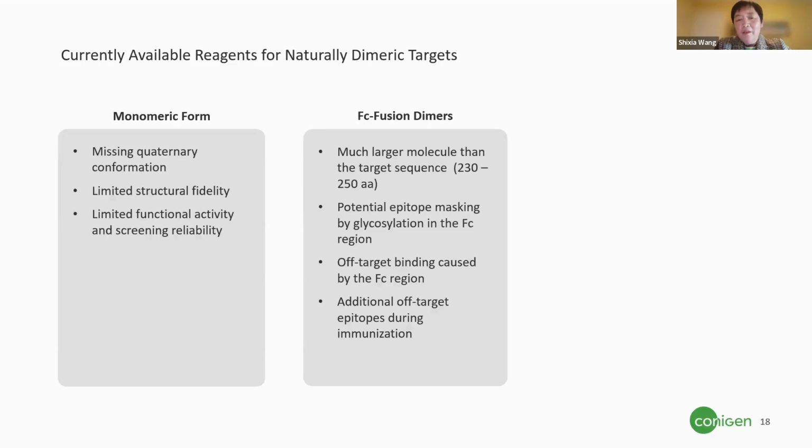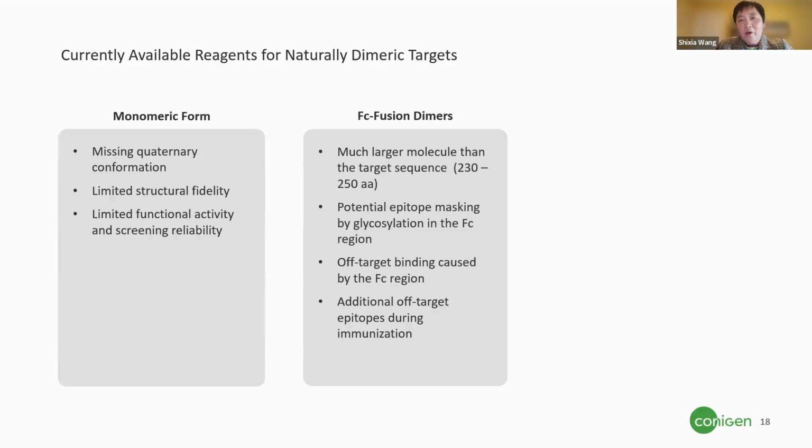Also, Fc has glycosylation. The large size plus glycosylation can potentially mask critical epitopes on the target. Also, Fc can bind to Fc receptors, which can potentially cause unnecessary Fc-related activation and assay noise.